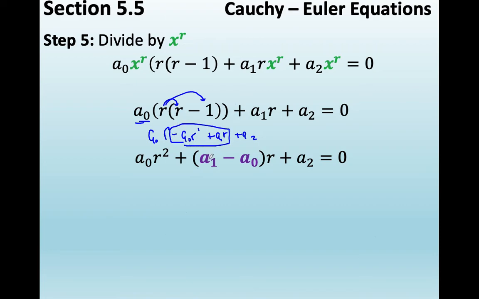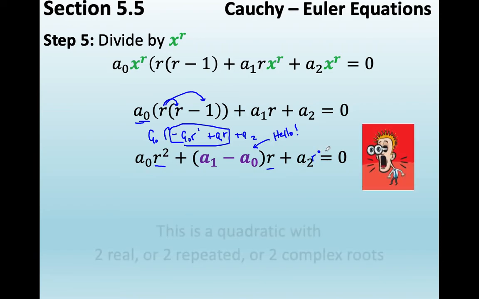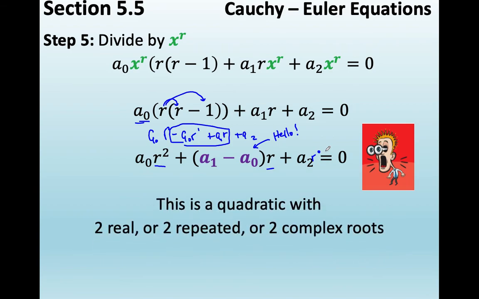Well, this looks familiar. Wait a second. Not only does that look familiar from what I did before, but hold the phone. This is just a regular what? Quadratic! This is a quadratic equation, and the quadratic equation, remember we made x greater than 0, has either 2 real, 2 repeated, or 2 complex roots.